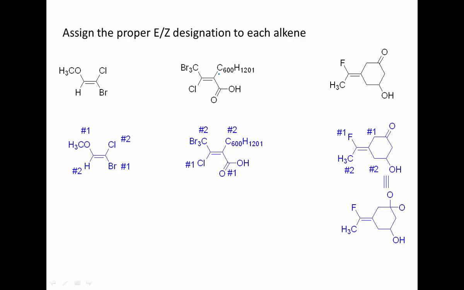And on the other side, we have chlorine competing with CBr3. Remember, since there's a carbon between the bromines, chlorine is actually going to be number 1 on that side because chlorine beats carbon.